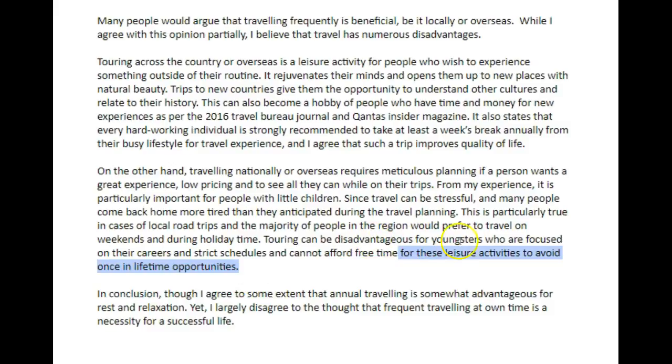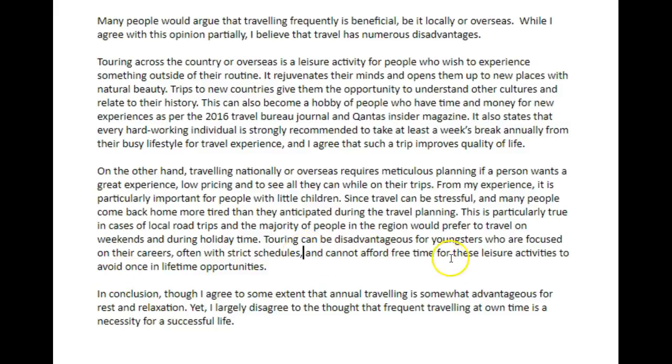Touring can be disadvantageous for youngsters who are focused on their careers. Let's say with strict schedules, actually. And we can say often with strict schedules, like that.